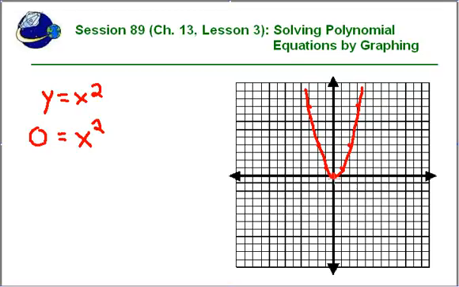It only intersects it one time. Since it only intersects the x-axis one time, there's only one solution to the equation of that particular function, the equation removing the y and inserting a 0 in its place. Another way of thinking of it is that when y equals 0, how many solutions are there? And in this case, there's just one, when x equals 0.